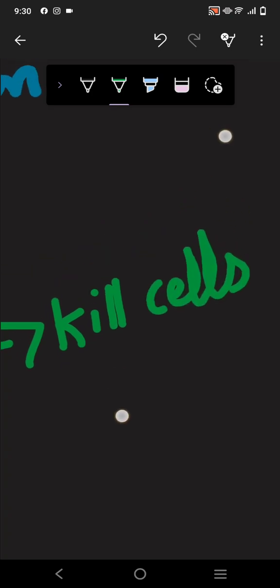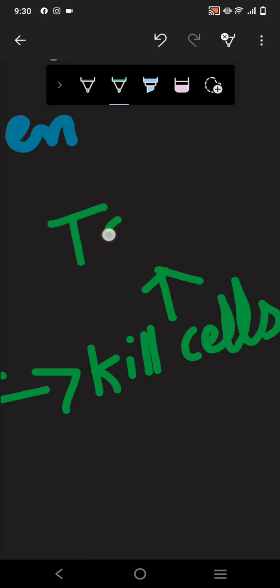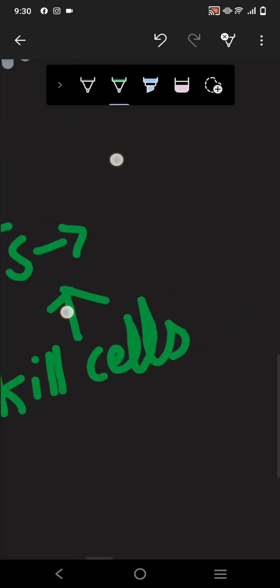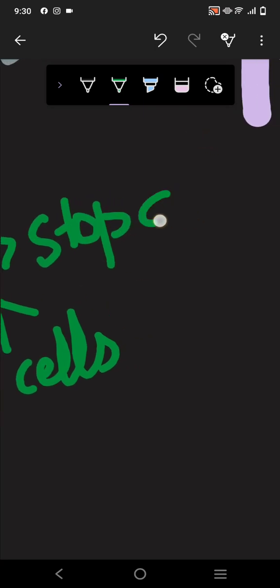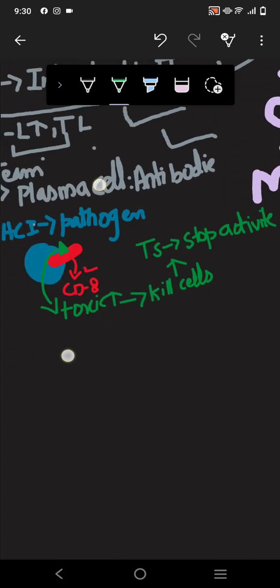And then the T suppressor cells will be working. What is the purpose of the T suppressor cells? They will be stopping the activity of this toxicity.